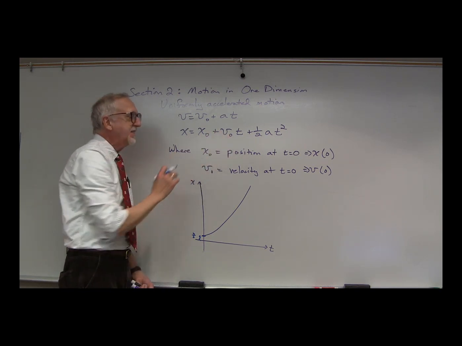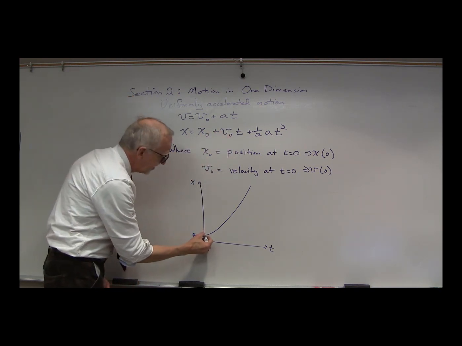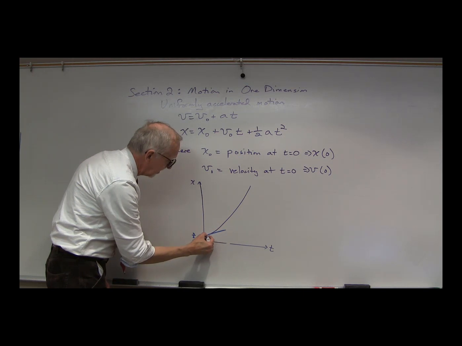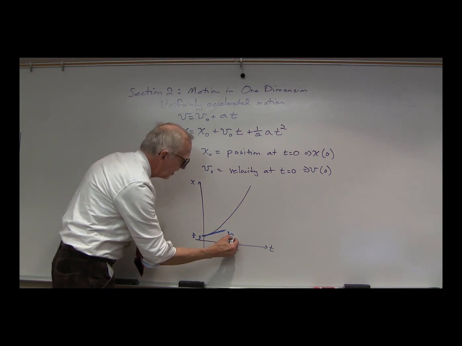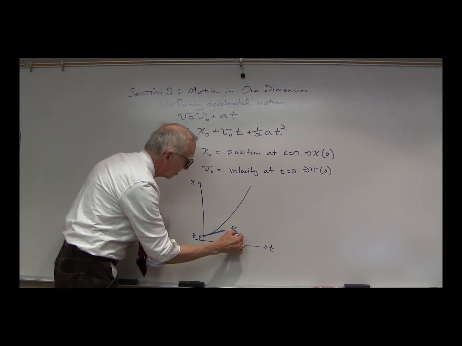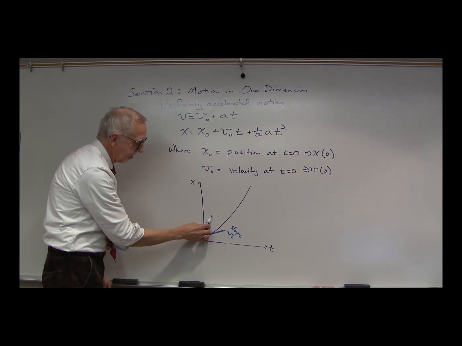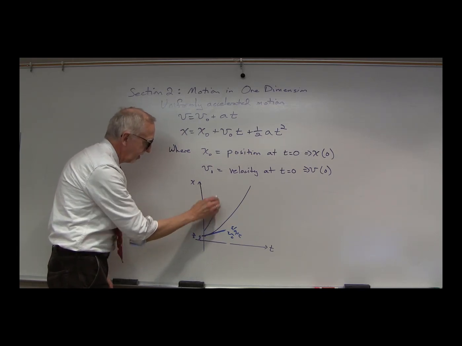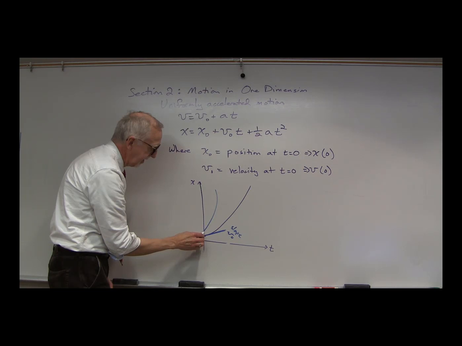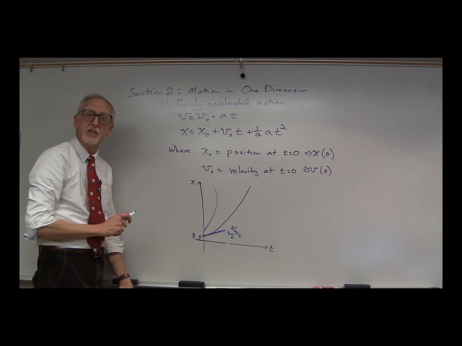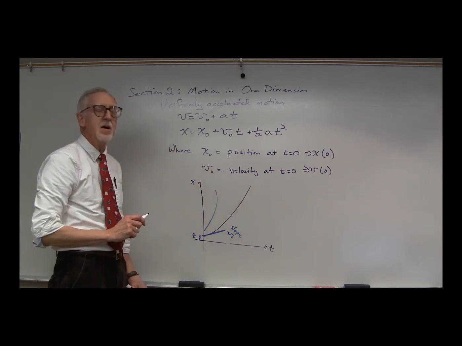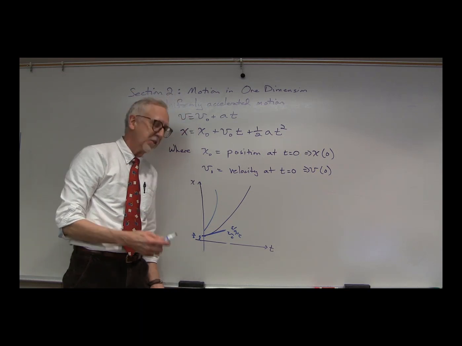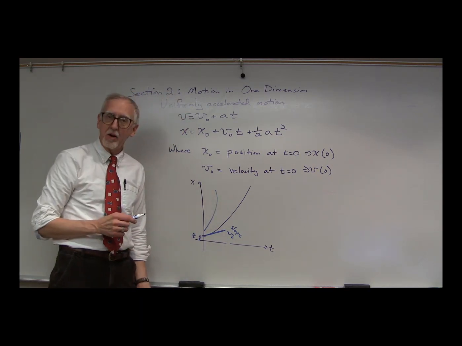V naught, that's the initial slope. So what is the slope of our graph here? The initial slope is v naught. So does the graph go up initially, or is it negative initially? Is the velocity negative? Is it flat initially? Whatever v naught is, that's going to tell us what the initial slope of our graph is.